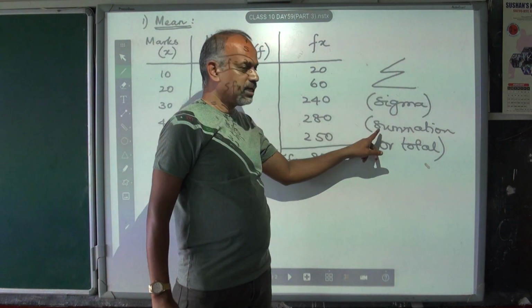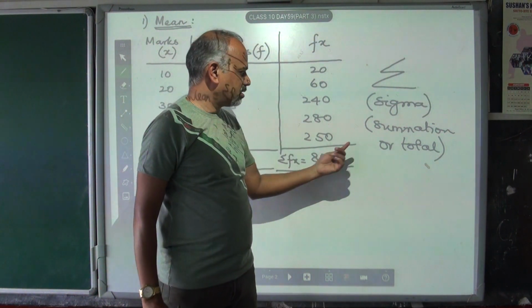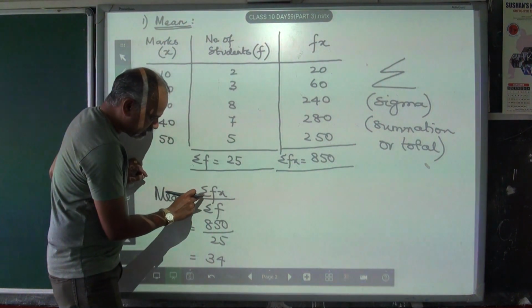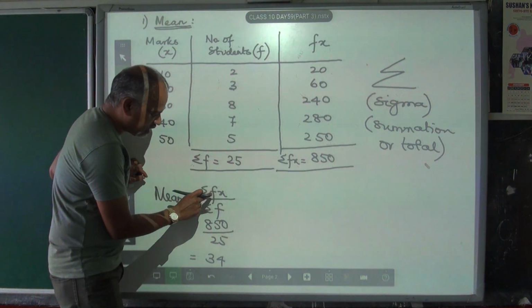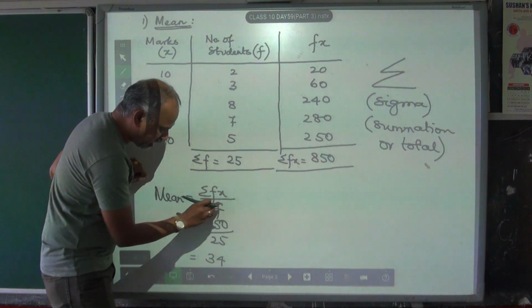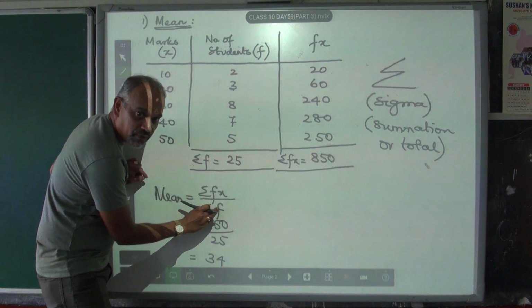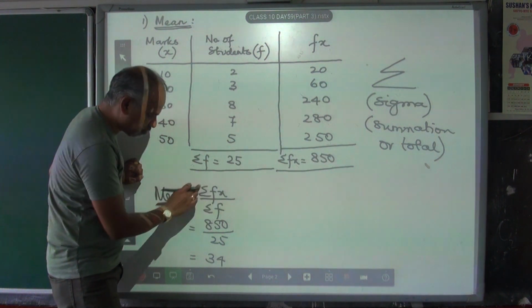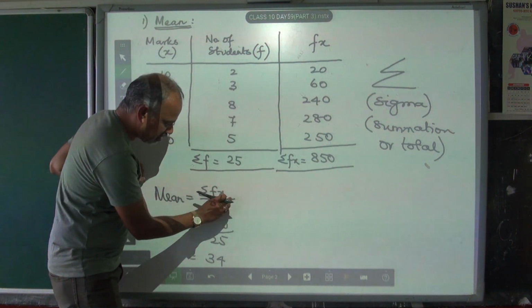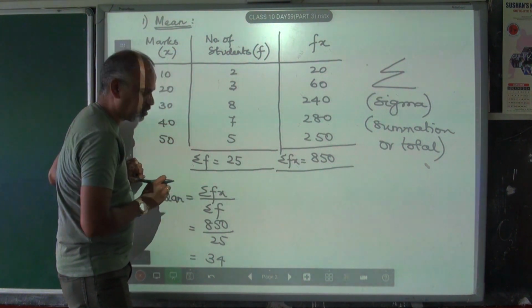This symbol means the sum of whatever is there. So mean is the sum of f into x values, divided by the sum of all the f values. That's the formula. Sigma fx means sum of all f into x values divided by sum of all the f values.